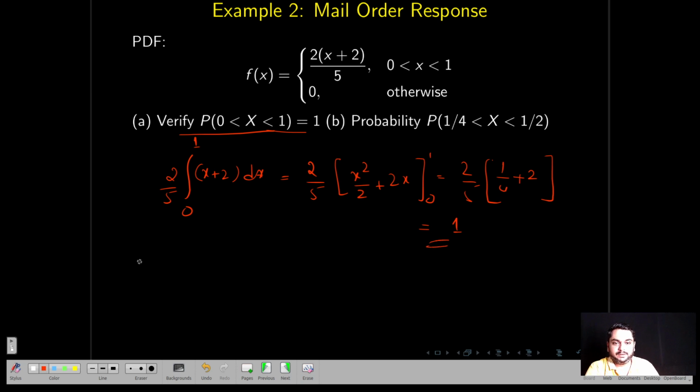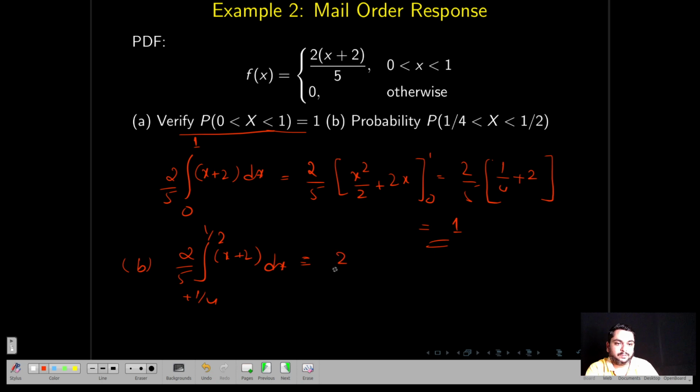Okay. Similarly, B. Integration from 1 by 4 to 1 by 2. Find out that value. What will be that value?